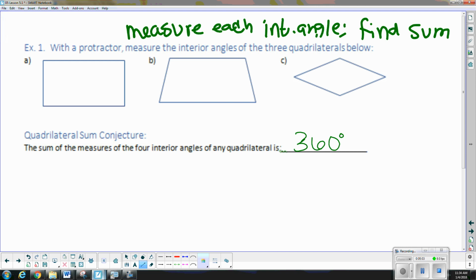Because if we start at any one vertex, and again, we're just going to do this vertex, this vertex, this vertex, we're going to see how many triangles we can draw from a single vertex.